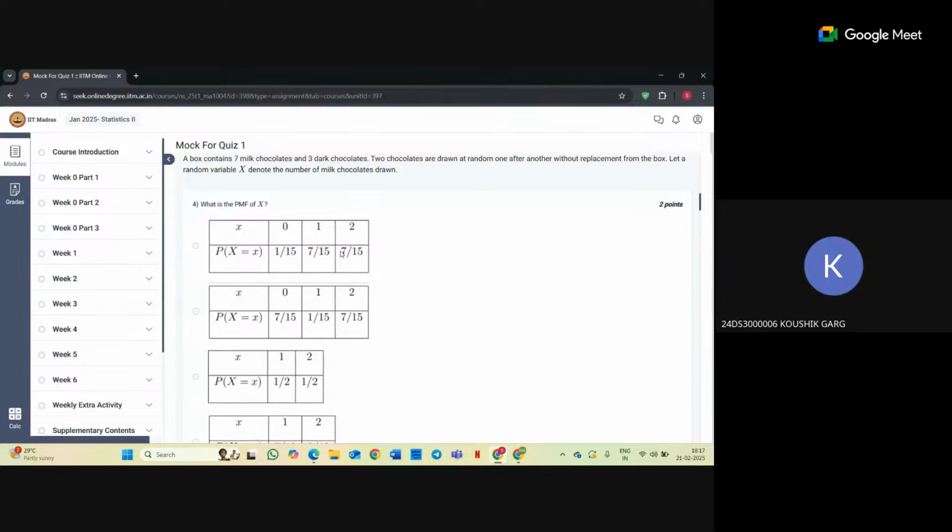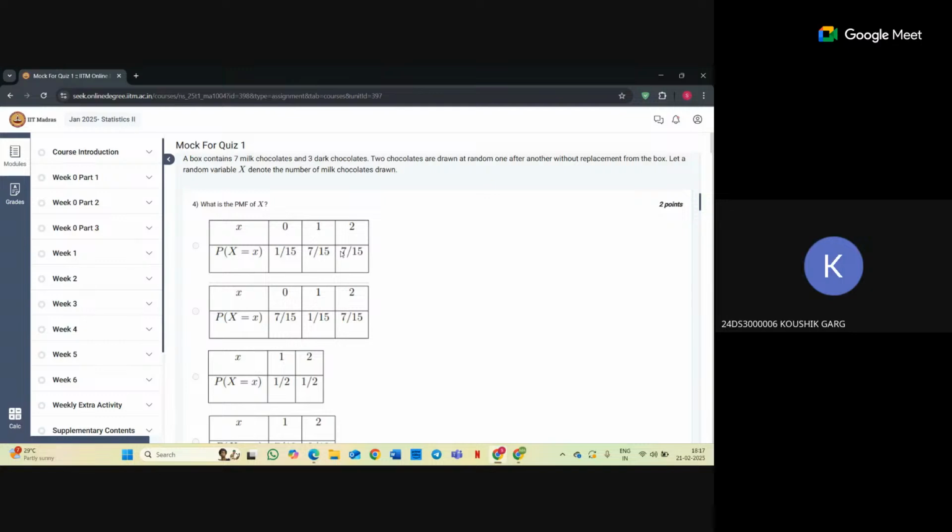Ma'am, in the probability of x equals to 0, x denotes the number of milk chocolates. So if probability of x equals to 0, then it will be 3C2 divided by 10C2 because we are randomly choosing 2 chocolates. Then it will be 3/45, so it will be 1/15.